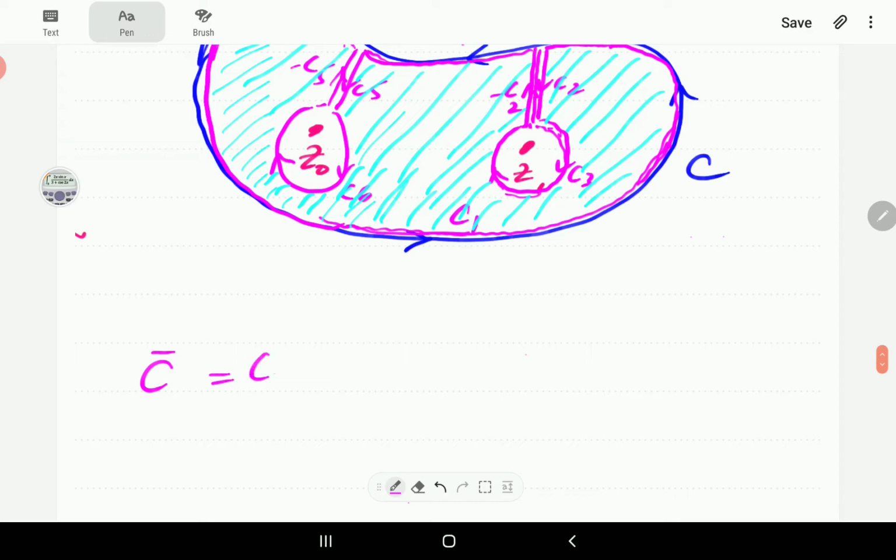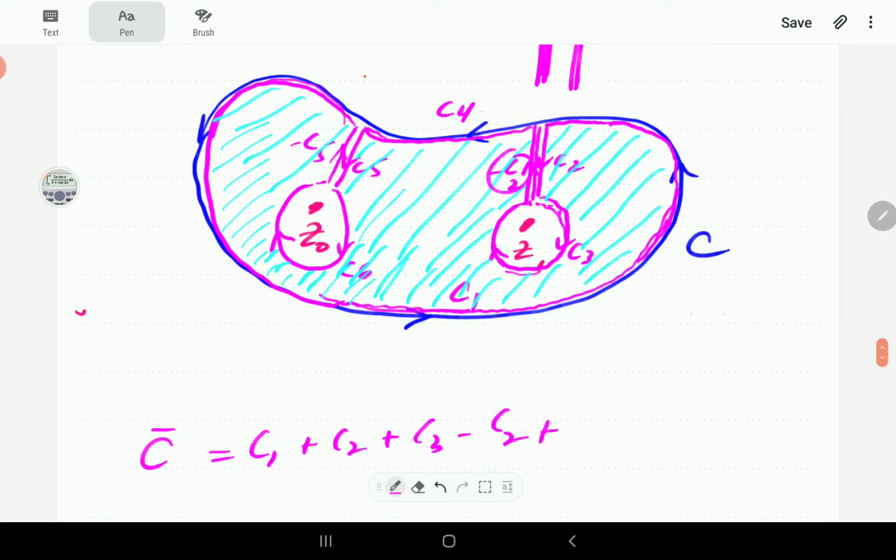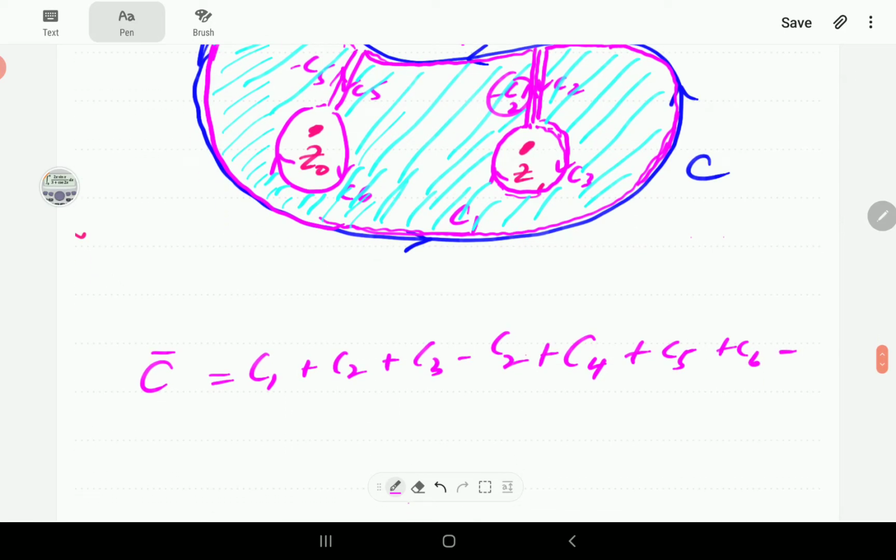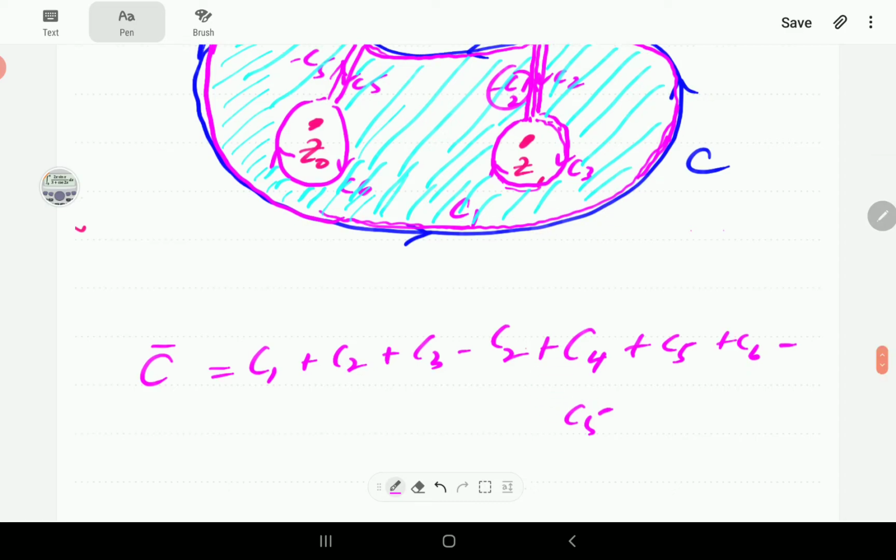So C bar is C1 plus C2 plus C3 minus C2 here, and then plus C4 plus C5 plus C6 minus C5 here out, and then that covers the whole thing, because this bit here is C1.